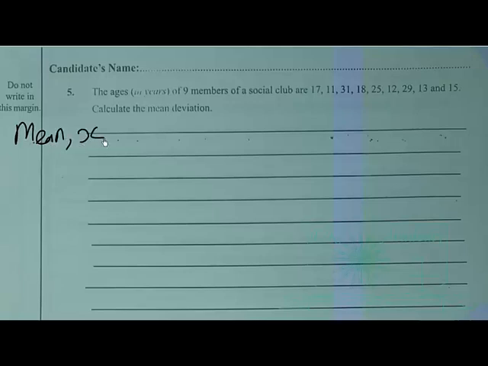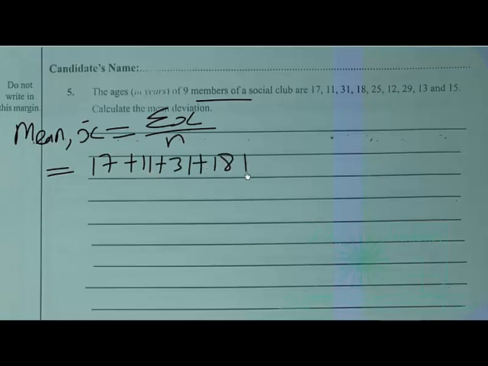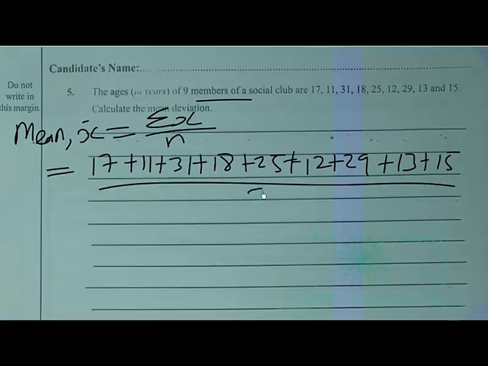Mean x bar is given by the sum of all the x values over the number of members in the social club. So this will be equal to 17 plus 11 plus 31 plus 18 plus 25 plus 12 plus 29 plus 13 plus 15, all over 9.